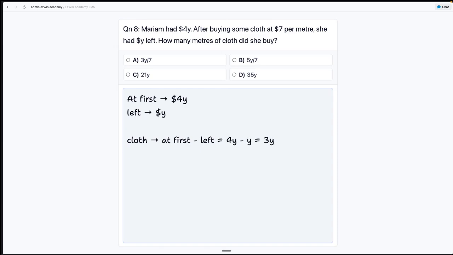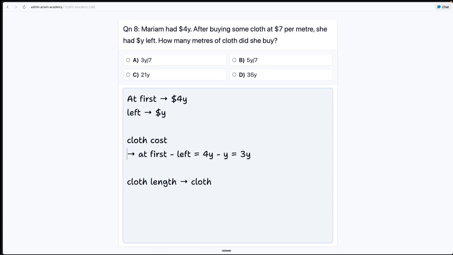Okay, so the cloth costs 3Y. So since we know the cloth costs 3Y, we want to know the cloth length. How we do that is we get the cloth cost, and then we divide it by $7.